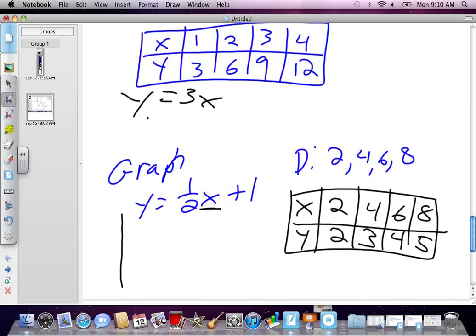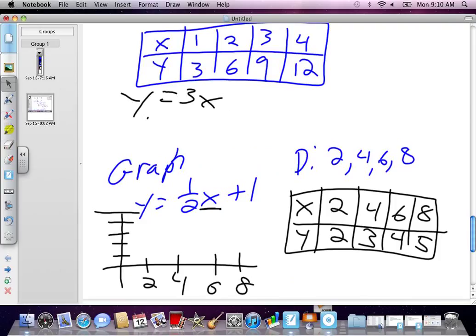And then we're going to graph it. 2, 4, 6, 8. 1, 2, 3, 4, 5. So at 2, we're at 2. At 4, we're at 3. 6, we're at 4. And at 8, we're at 5.